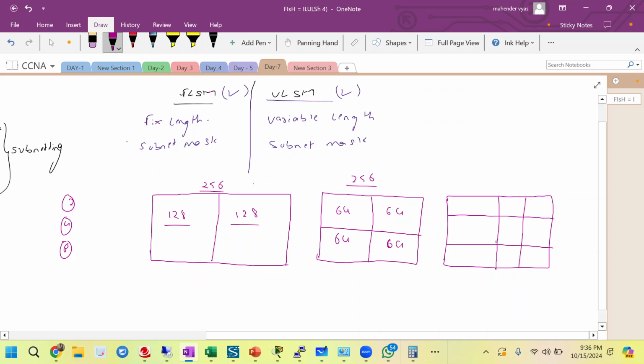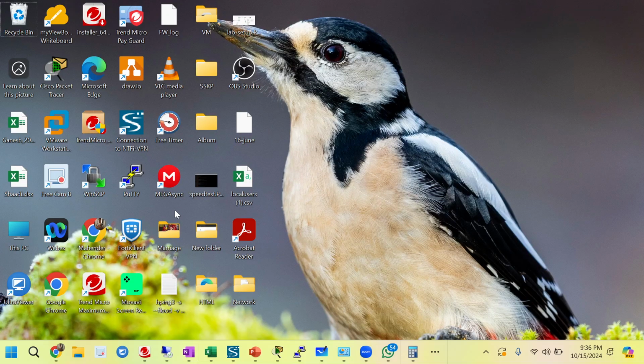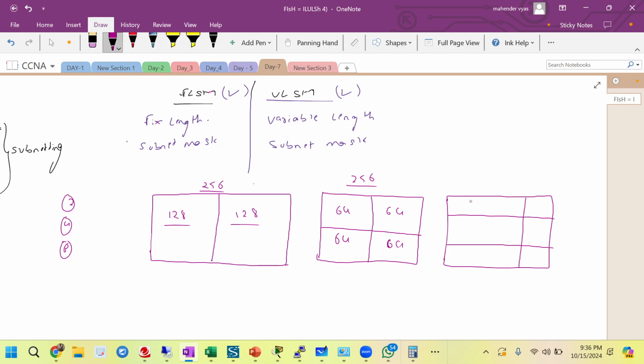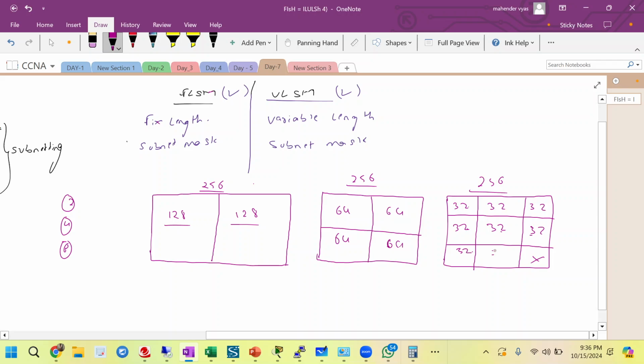One minute, hold on. How many addresses do we have now? 1, 2, 3, 4, 5, 6, 7, 8. Now the 256 group I am dividing into 32, 32, 32, 32, 32, 32, 32, 32.